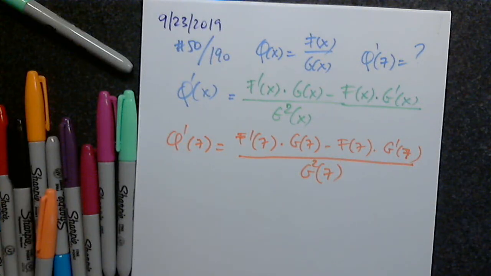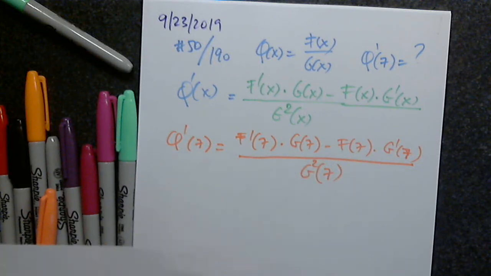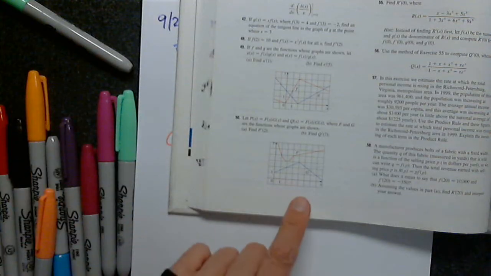All this information can be found from the graph. So let me grab my pencil. There it is. So let's find first f of 7 and g of 7. Can anyone give us f of 7?